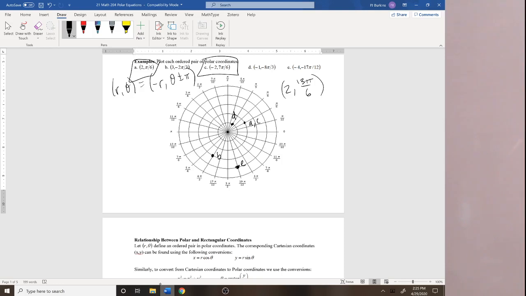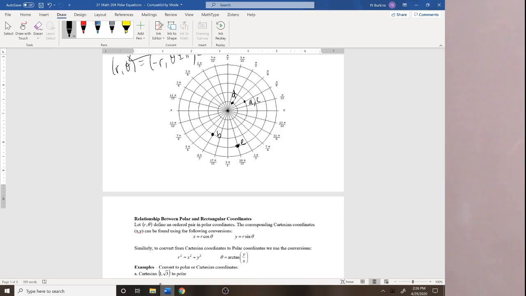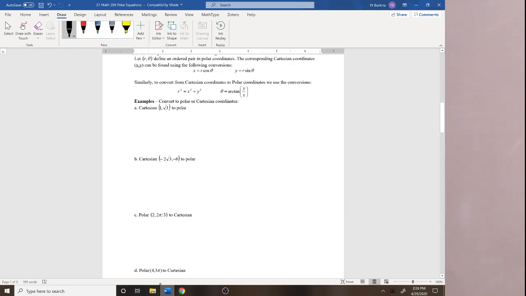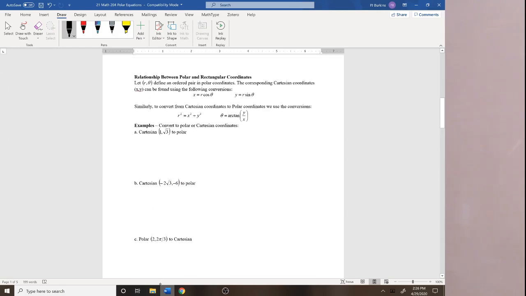So there's many different ways to give the same point. So that's an exercise in how we can plot them.